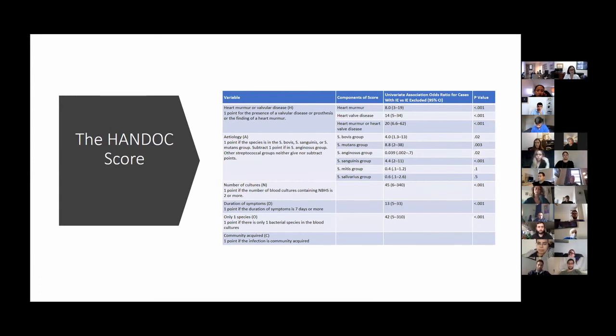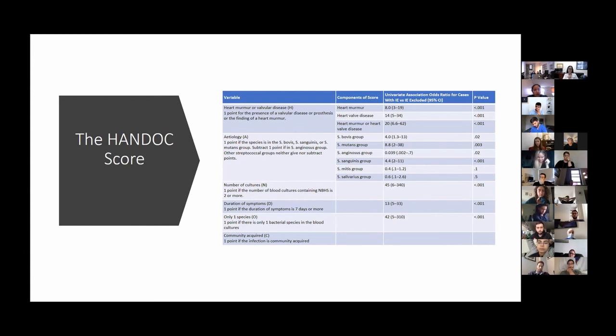So this is, again, if you like these algorithms, I'm not sure how well you see it if it's blown up big enough, but it basically gives you a scoring system. And I put this one in because it shows you with the strep bovis group that the incidence is higher with endocarditis as opposed to the anginosus group, for example.